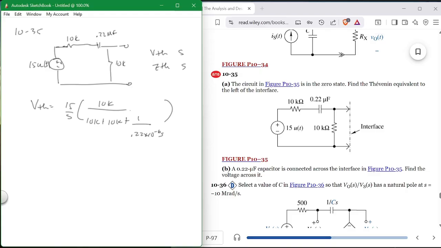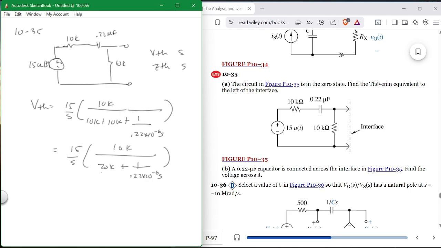Okay, now you've got to work. So it's 15 over S times 10K over 20K plus 1 over 0.22 times 10 to the minus 6th S. So now I've got to get this into something that is more meaningful. All right?